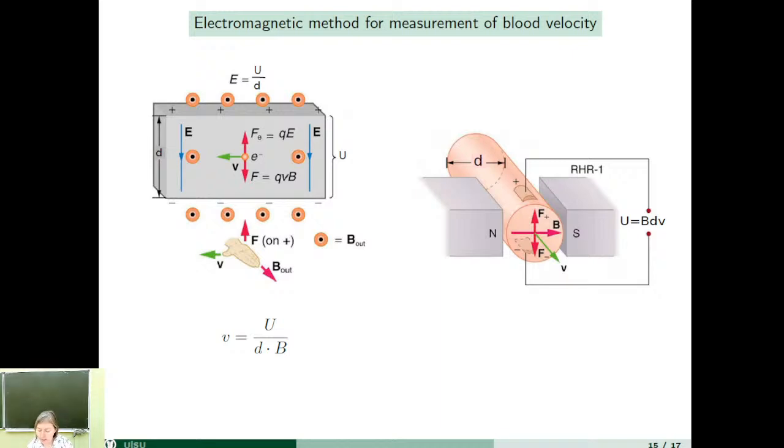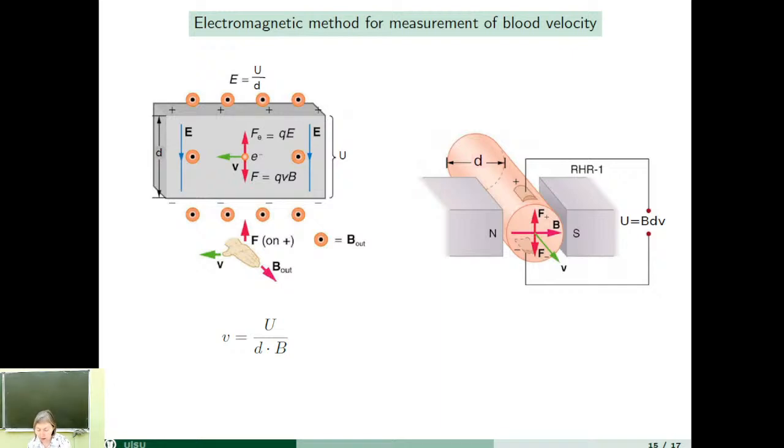If we place an artery of diameter d between magnet poles, the Lorentz force will influence univalent ions.